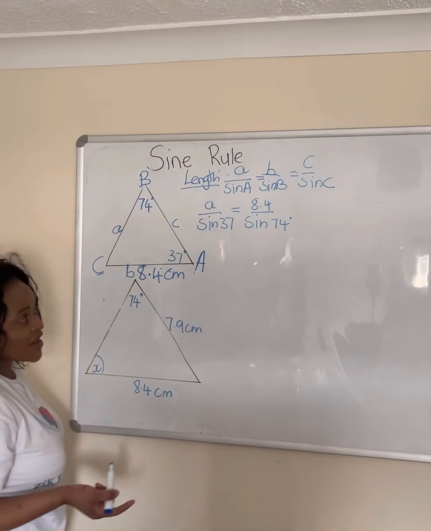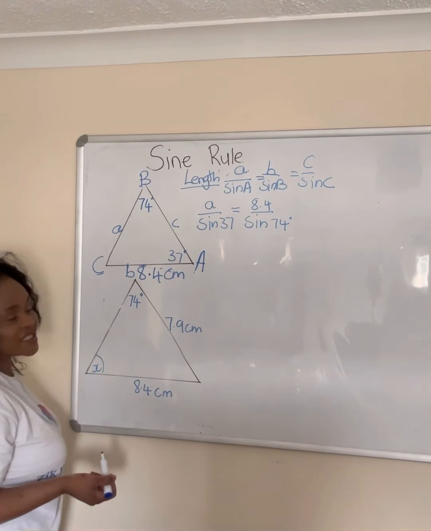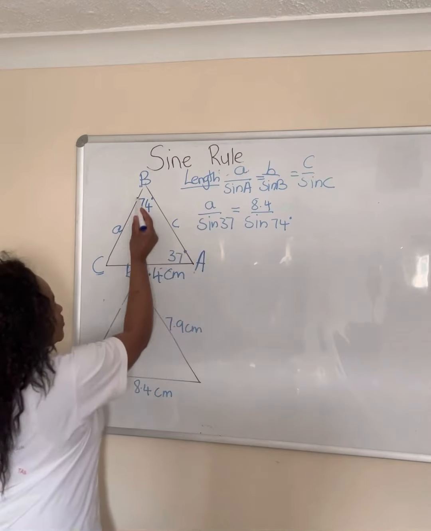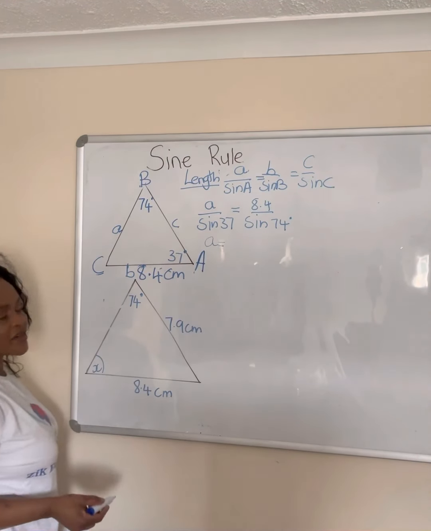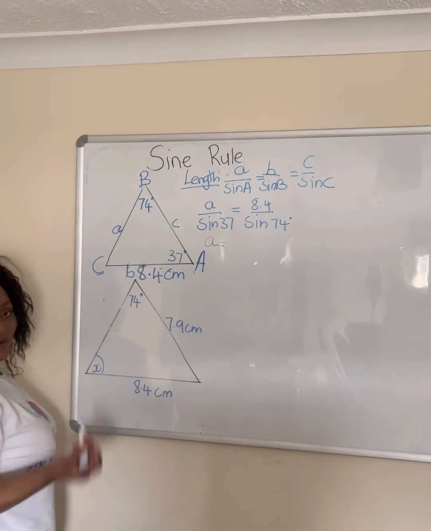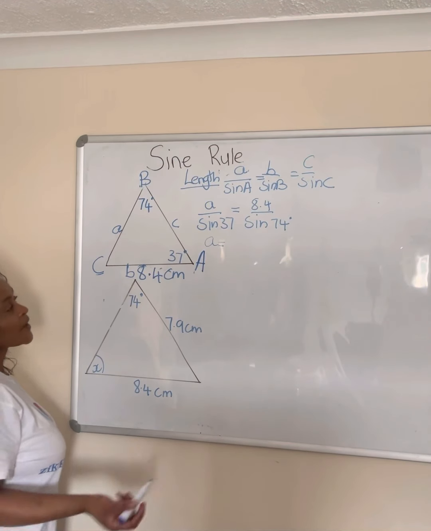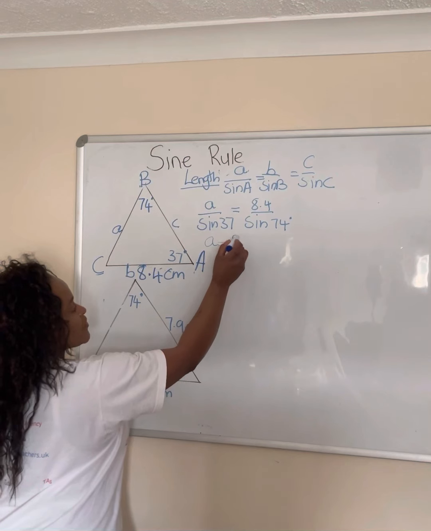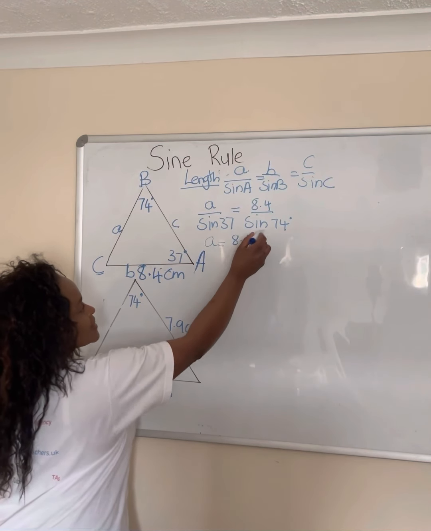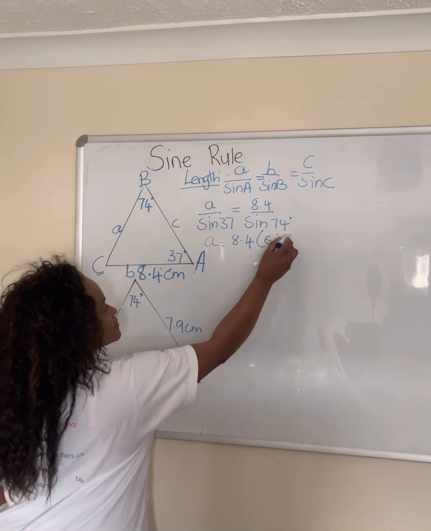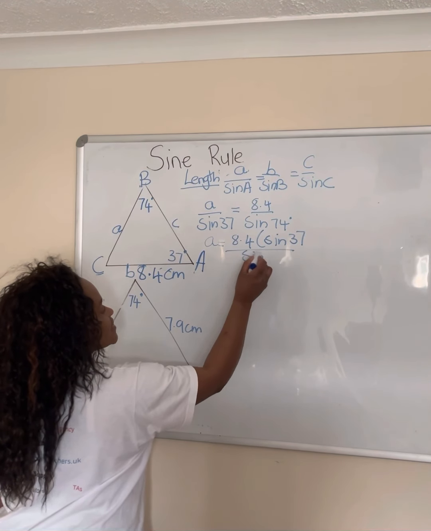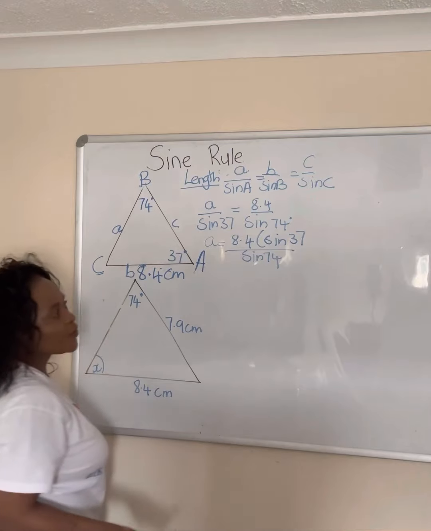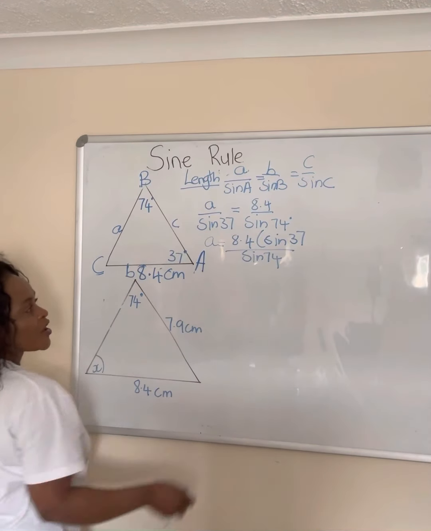Then I need to rearrange my formula because I need to calculate A. So my A, which is the side, you multiply to get rid of the sine 37, you multiply both sides by sine 37. Which means 8.4 times sine 37 over sine 74.